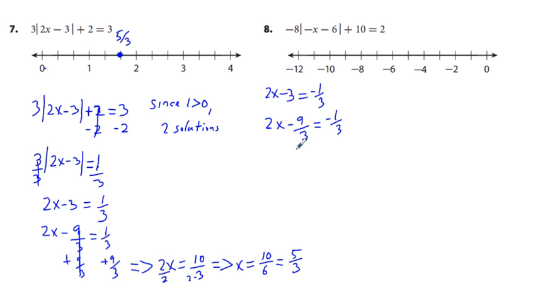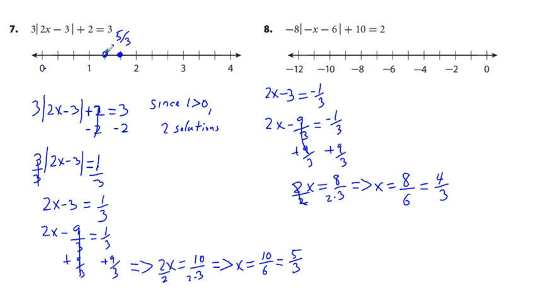And if we add 9/3, we're going to get 2x is equal to 8/3. And divide by 2, we're going to get x is equal to 8/6, which simplifies to 4/3. So here we have 4/3. That is another solution.